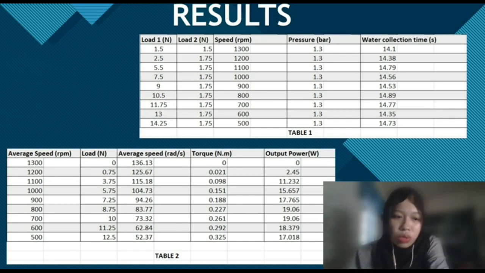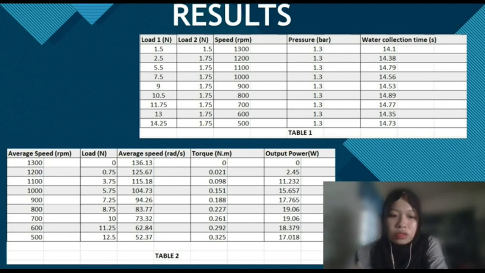In Table 2 we have average speed, which starts with 1300 for the first value until the last one is 500. For load we start with 0 until the last one is 12.5.